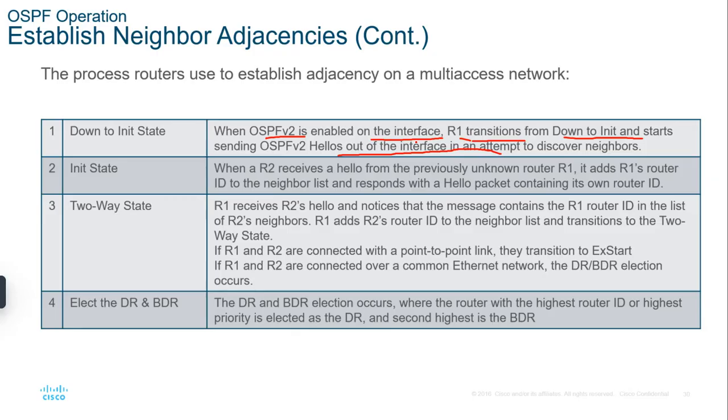In the init stage, when router 2 receives a hello packet from the previously unknown router 1, it adds router 1's router ID to its neighbor list and then responds with a hello packet containing its own router ID.